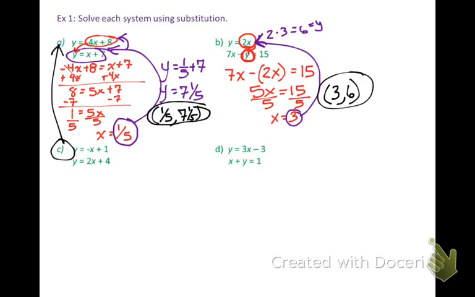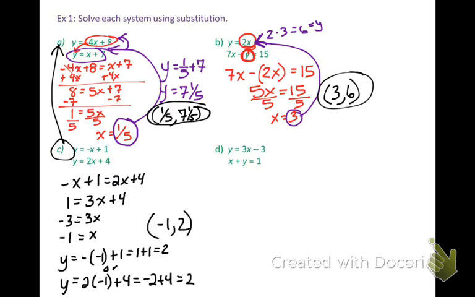Put me on pause, substitute them, do all the work, and check and see if you did it correctly when you're finished. All right, so I have it where negative x plus 1 equals 2x plus 4, but remember, you can switch it, so it could be 2x plus 4 equals negative x plus 1. It doesn't matter which way, you're still going to get the same answer.